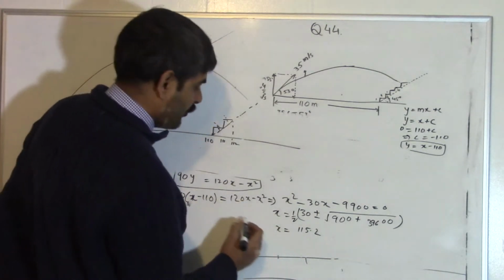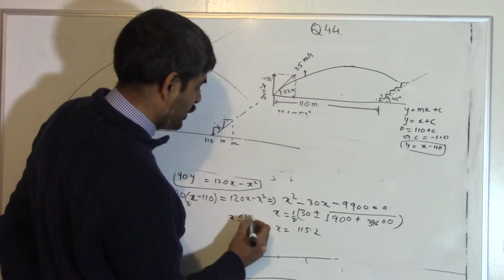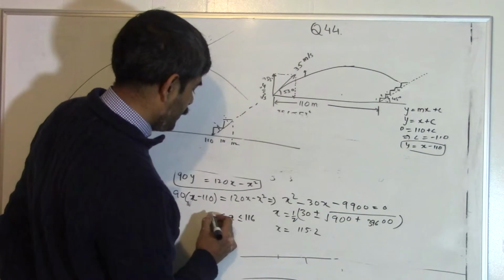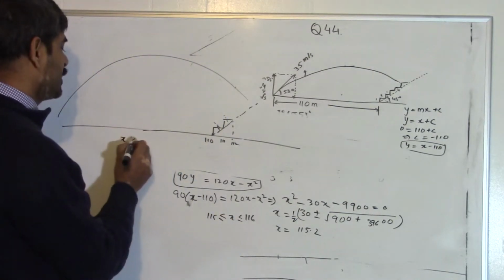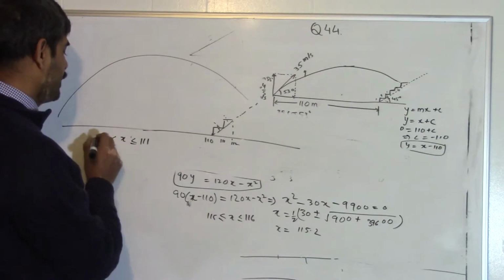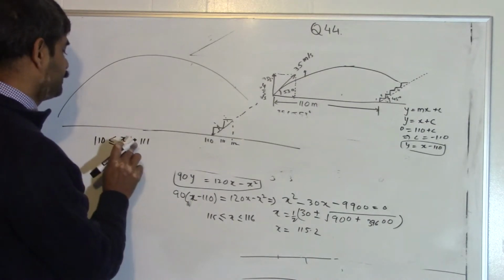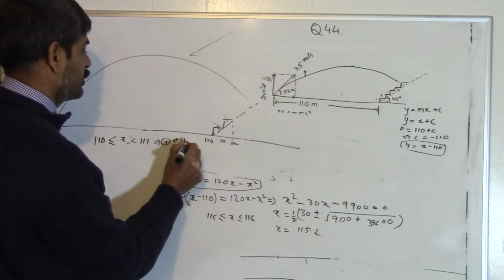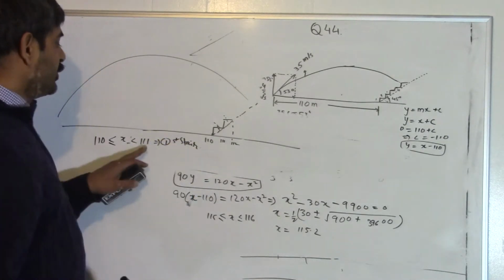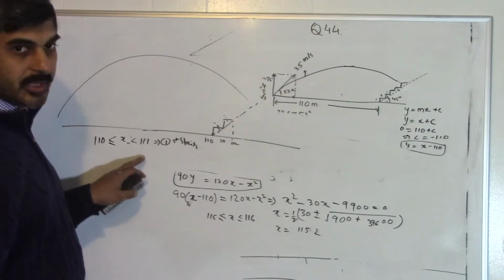Now our value of x is in between 115 to 116. So I will write, if the x is lying between 110 to 111, it is in the first stair. So depending upon this number, it is either first or second or third.